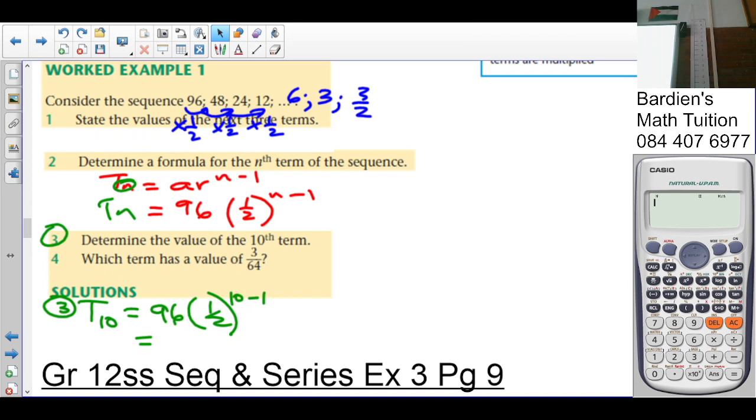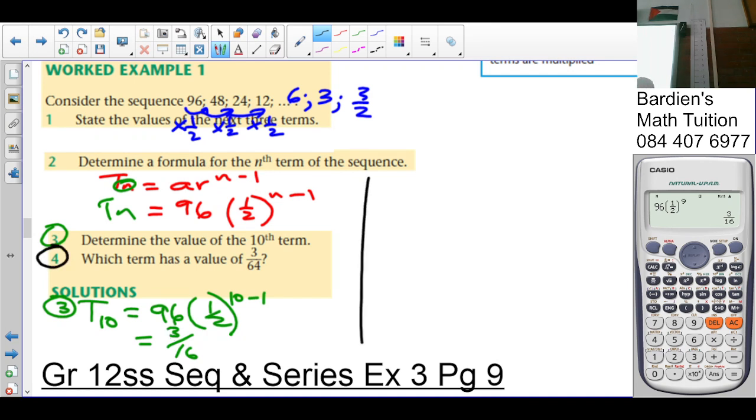Which is simply 96 into a half to the n minus 1, which is 9, gives you 3 over 16. Is that correct, people? Any confusion there? Am I moving too fast? Yes. Okay, so I'll move a bit slower here.